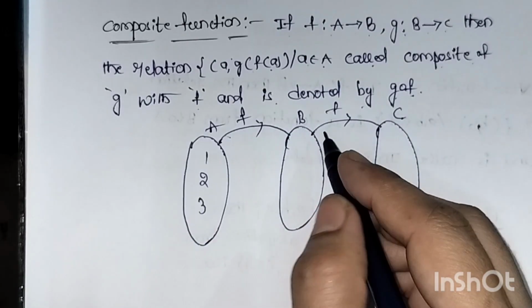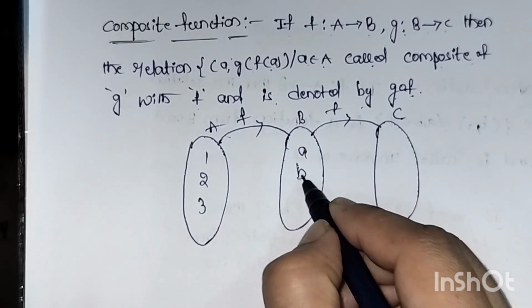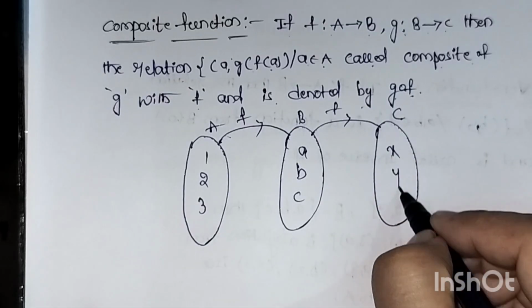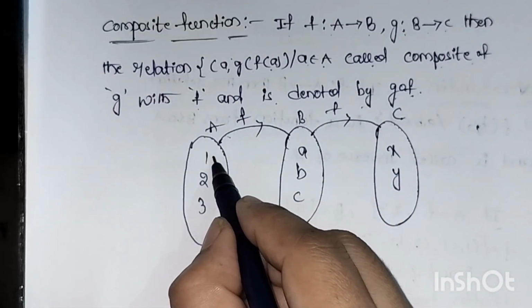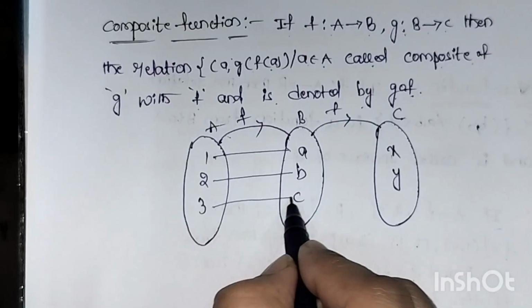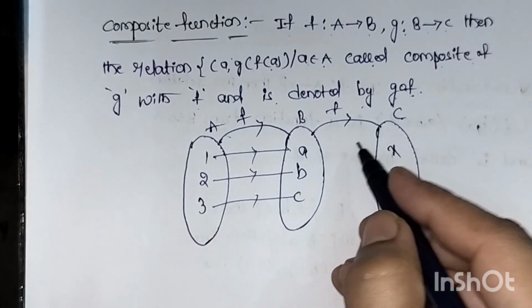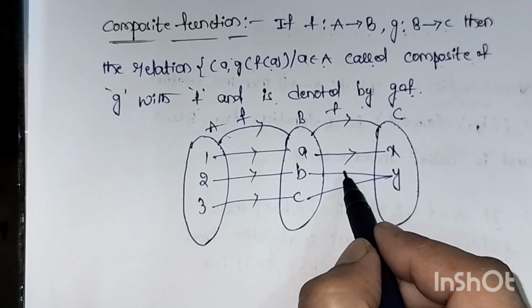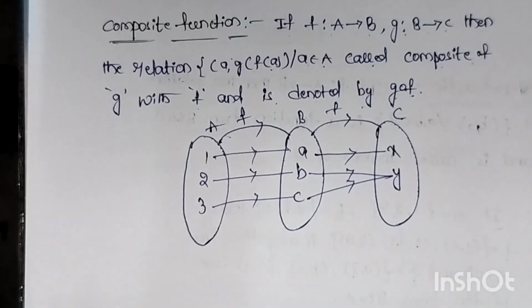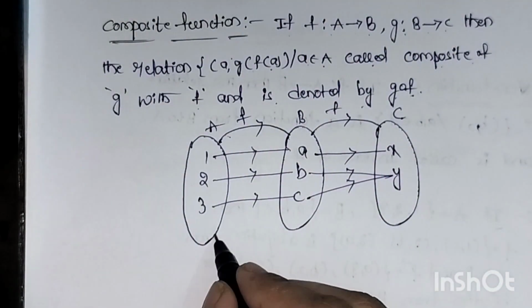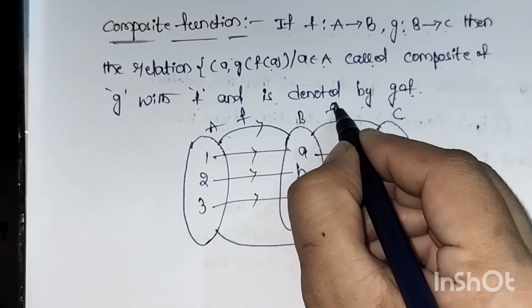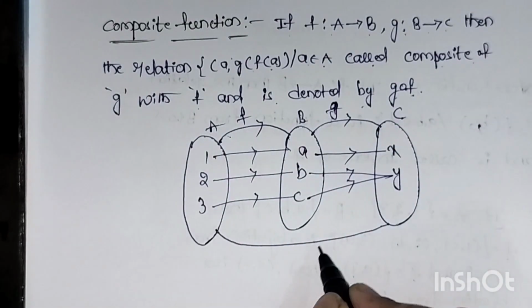Set B elements are a, b, c. Set C elements are x, y. I am mapping like this: a to x, b to y, c to y. Here g is mapping from B to C.